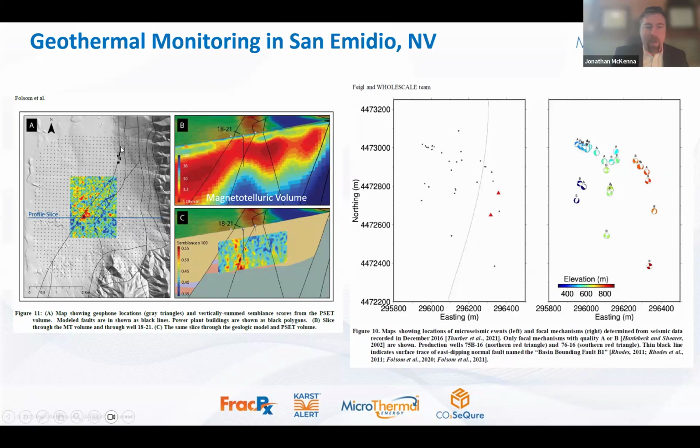These events actually popped off more northerly than their area of interest around their injectors and producing wells. But they think that when they stop pumping, the pore pressures start to go back down, and a lot of these fractures start to close on themselves. And that's when we see a lot of these more discrete events.